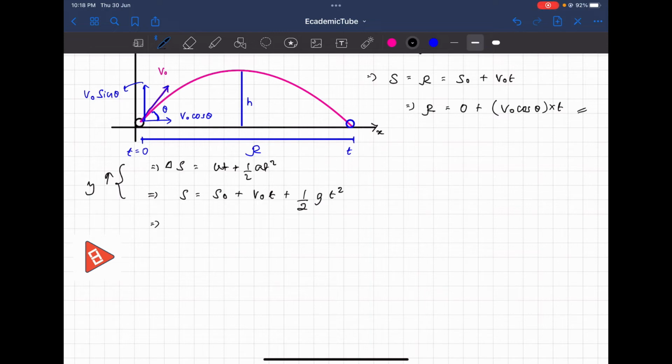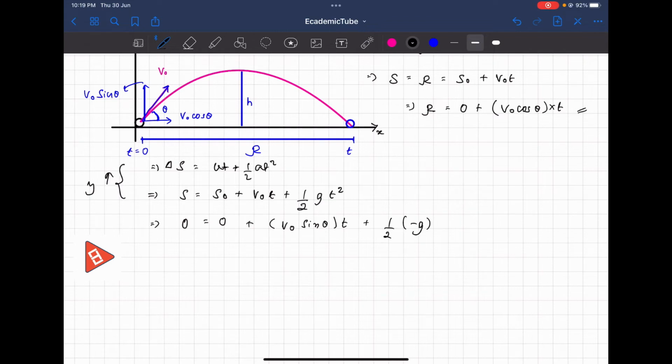As we know, the particle will go up and will come down. So in both cases the final y coordinate will be equal to 0. So 0 is equal to 0 plus v0 sin theta t plus half.